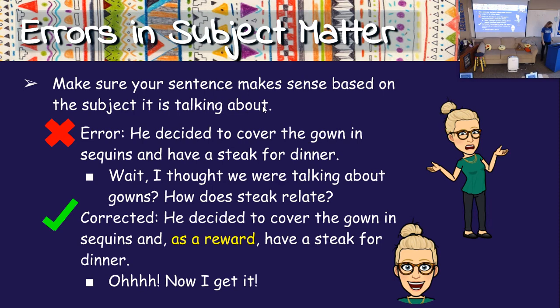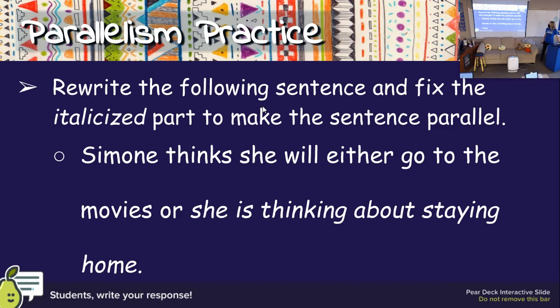All right, we're going to do some practice. What I want you to do in this sentence is take the italicized portion of the sentence, she is thinking about staying home, and rewrite that portion so that it's parallel with the rest of the sentence. You don't have to type the whole sentence out. You can just rewrite the italicized portion.